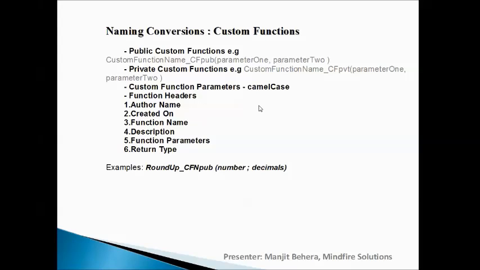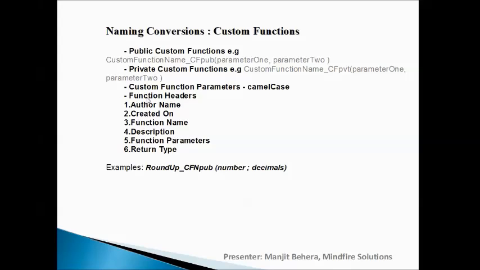The parameter name is always in camel case, so the first word starts with a small letter, and the second word's first letter is capital. Custom function parameters must be camel case, as I have already told you.